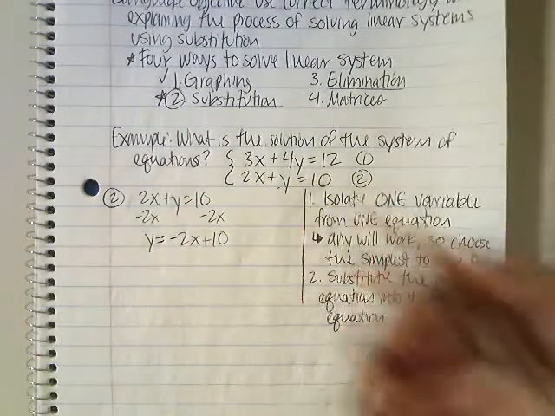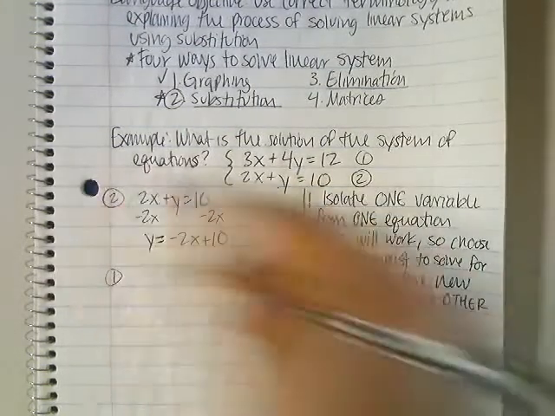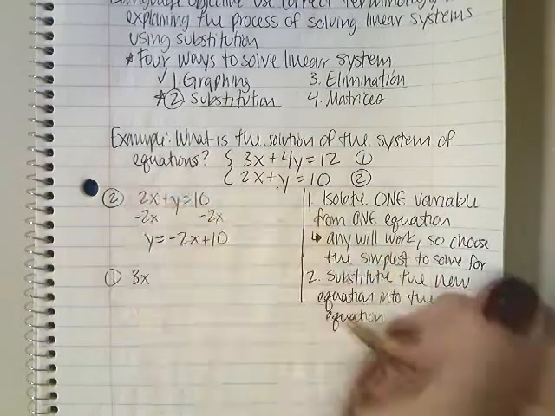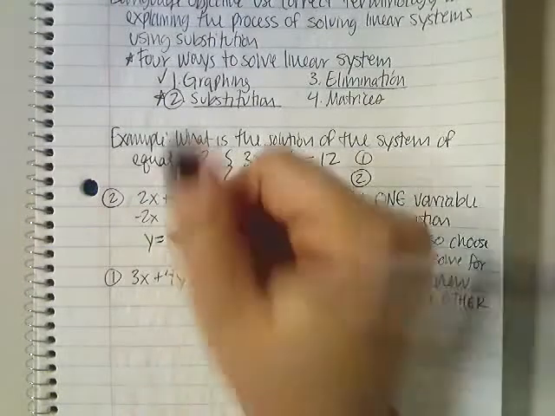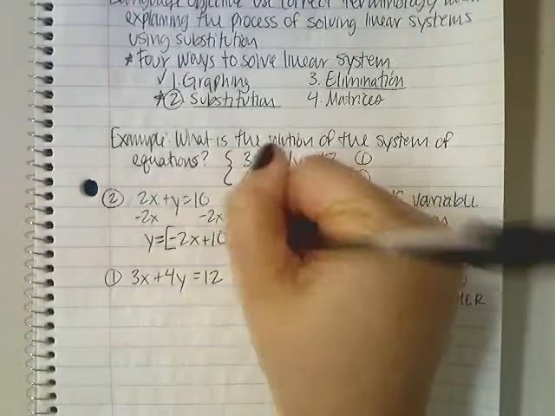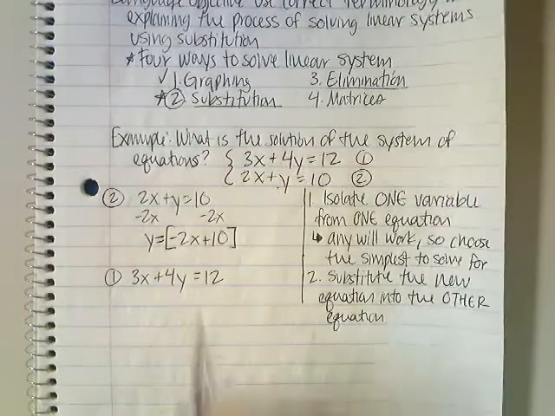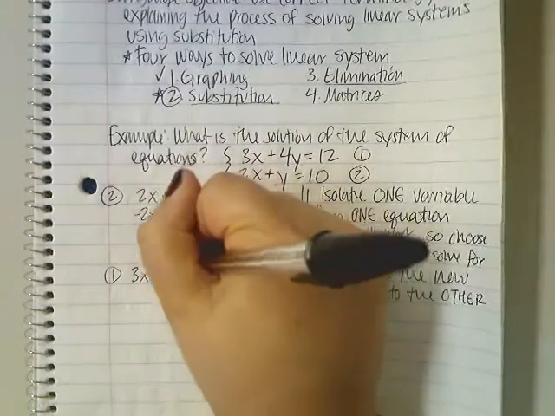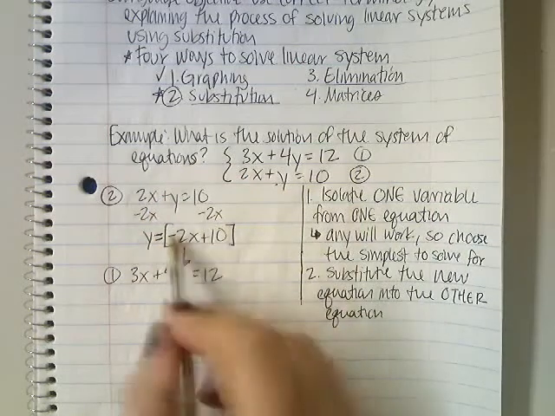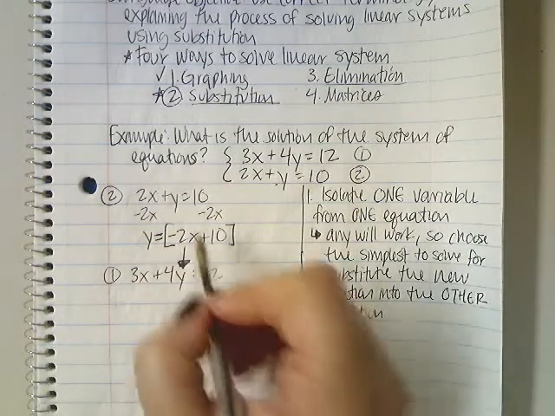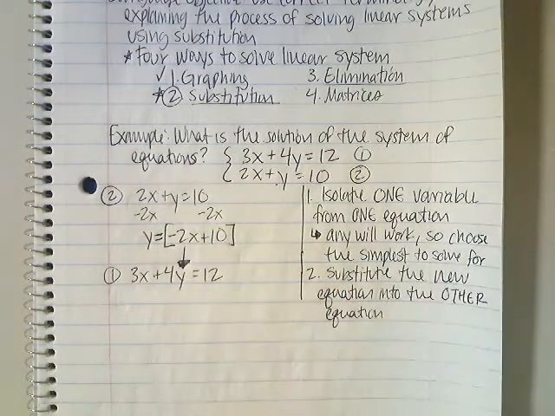So my other equation, equation 1, is 3x plus 4y equals 12. I know y is equal to this, and I'm going to substitute it into this y. So I'm taking my whole y equation and plugging it in for y.